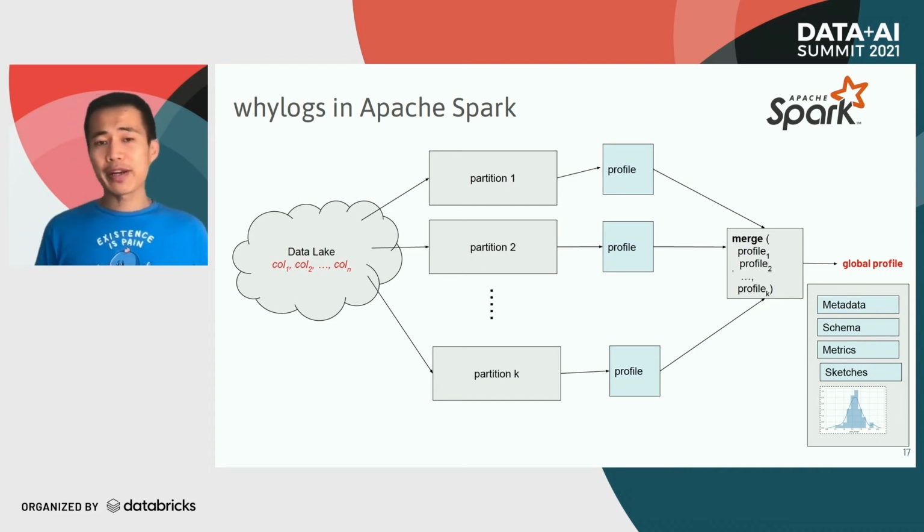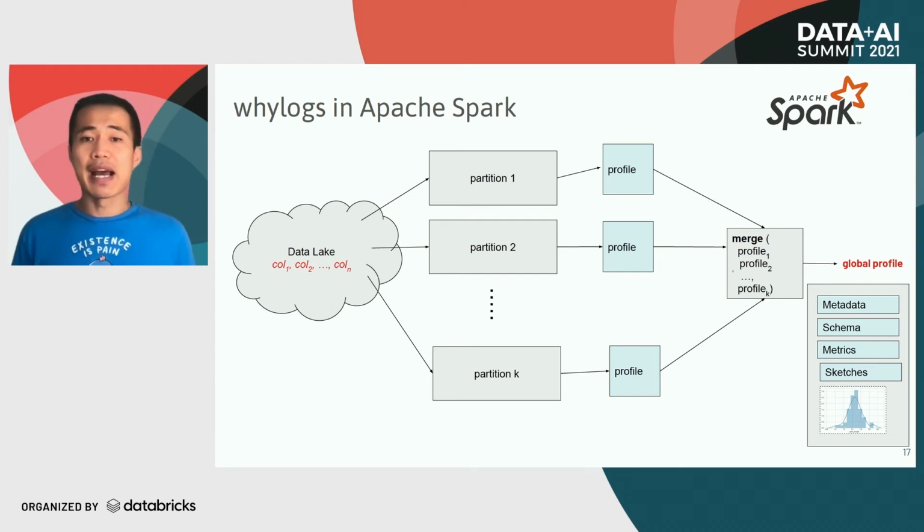We look at your schema as well as other information such as the group by key, and then we build this collection of metadata. Within that metadata, we also build what we call sketches and other metrics, so that for each partition, you get a single profile out of this.